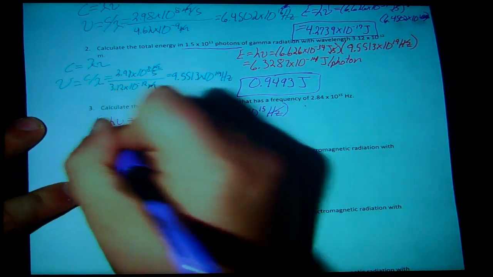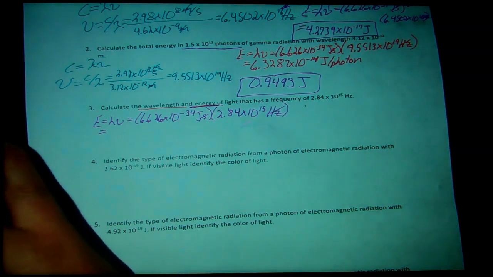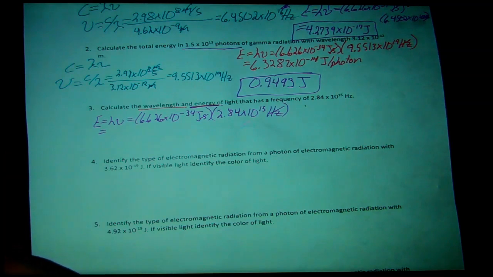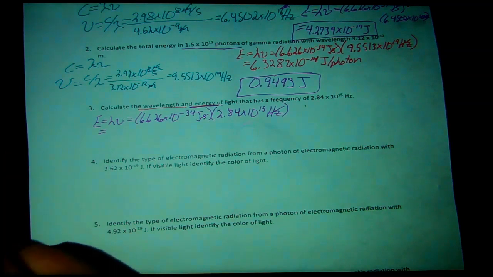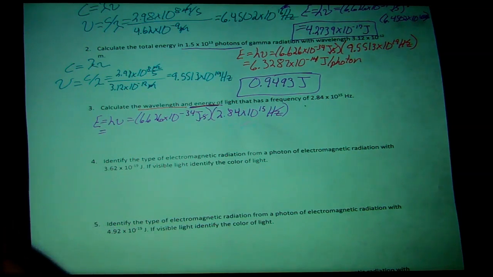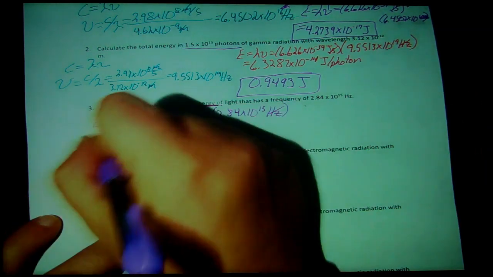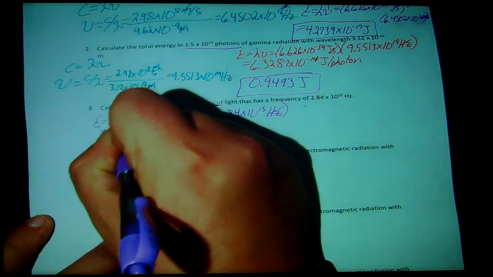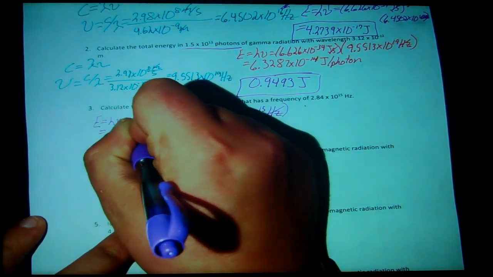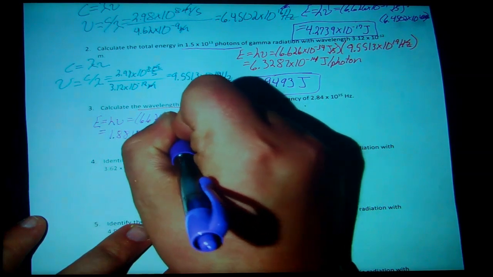which will be equal to 0.8818 times 10 to the negative 18 joules.